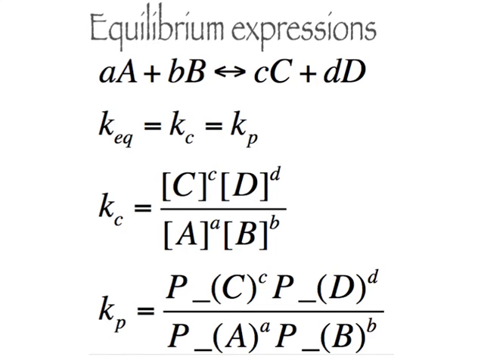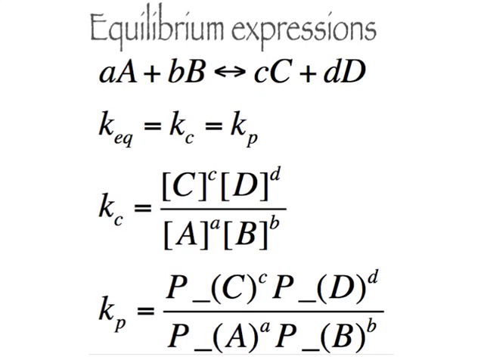Okay, so equilibrium expressions. Equilibrium expressions are essentially the constants that go along with these equilibrium reactions. So let's talk a little bit about this reaction here. We have simply A plus B yields C plus D. And of course there are coefficients, little a, little b, little c, little d.